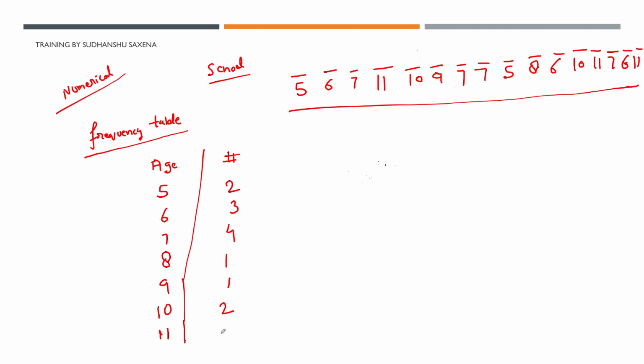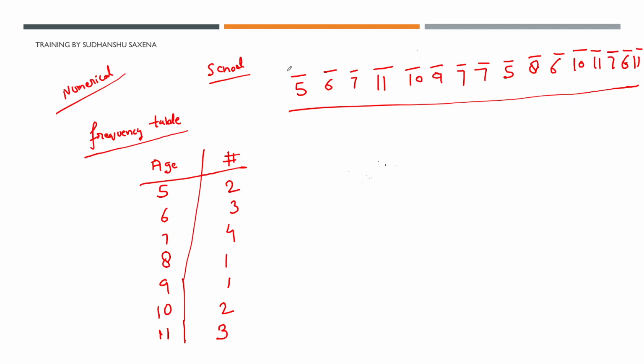So this is more of a frequency table. What I've got over here is a frequency table, and what this frequency table does is give you some kind of idea of how many kids there are of what kind of age. Now if you just think about this table, it is actually simplifying the data.